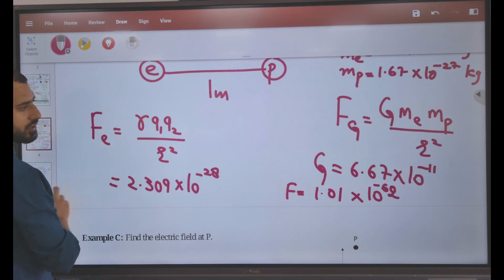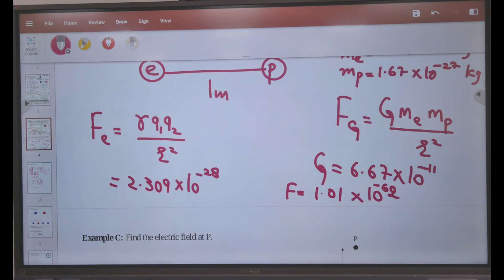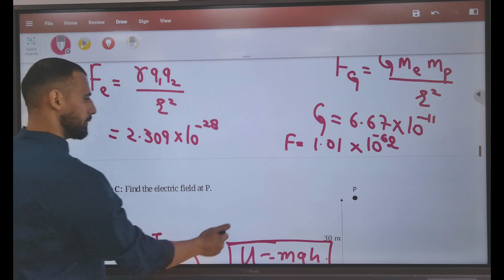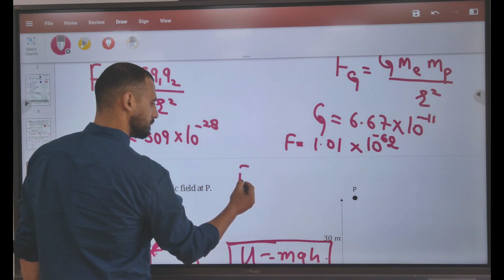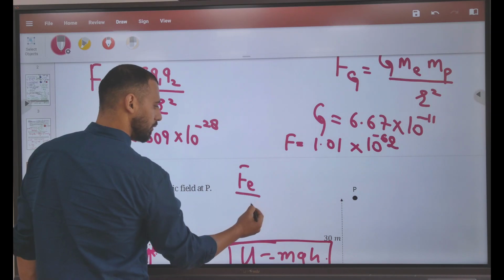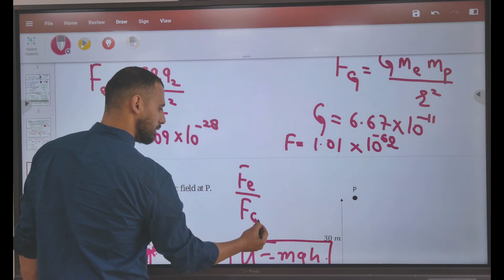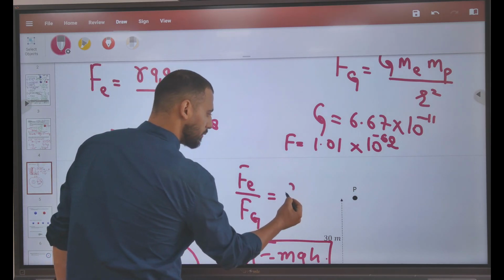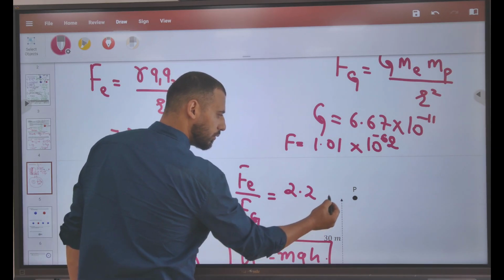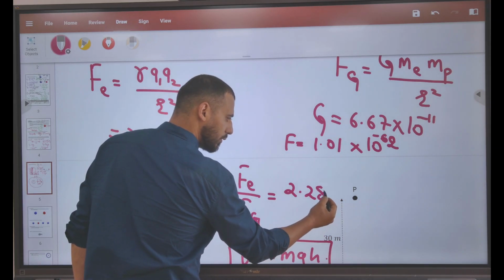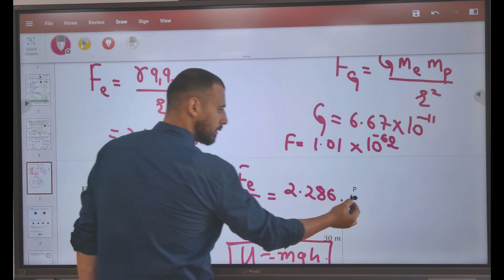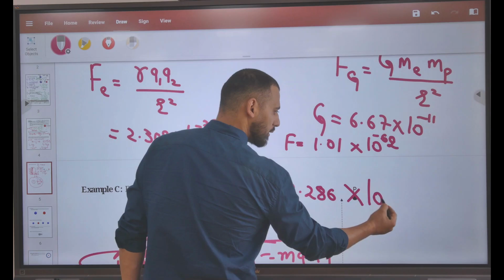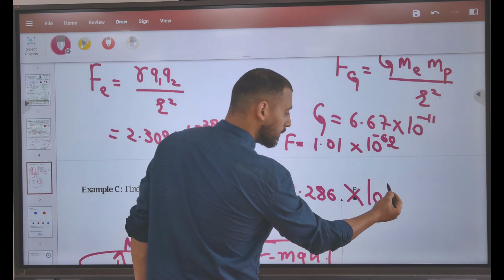That's 2.28 times 10 raised to the power 34.